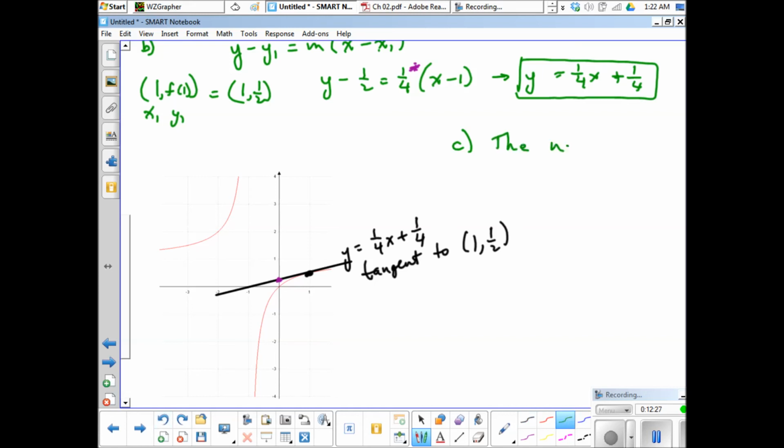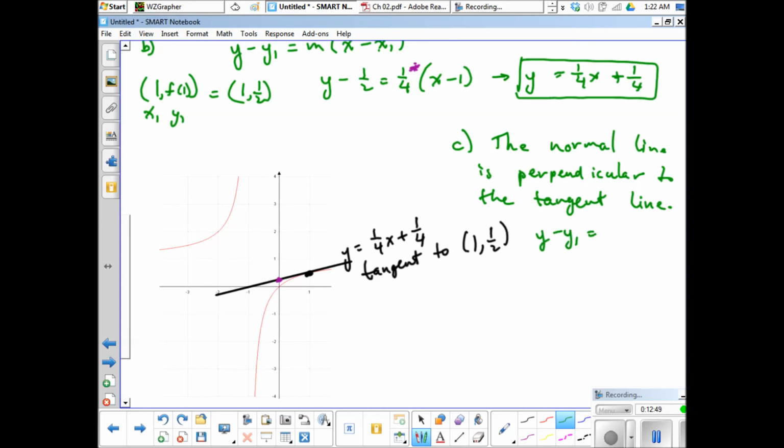The normal line is perpendicular to the tangent line. So most people who are looking for a normal line first find the tangent line. Okay, this makes it really easy to find because you could just use y minus y1 equals, and then use opposite reciprocal slope.